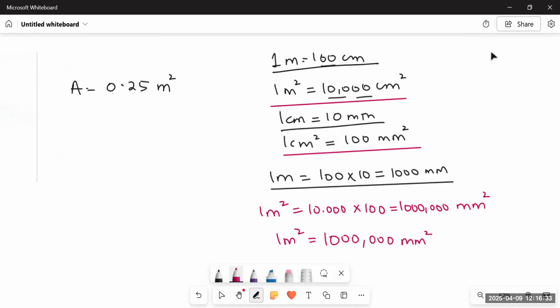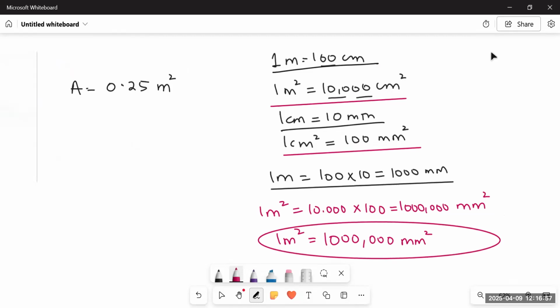These are the conversion rates that, if you practice how to convert them, would help you in all your questions. But if you cannot learn how to convert them, then you have to memorize the formulas: 1 meter is equal to 100 centimeters, 1 centimeter is equal to 10 millimeters, 1 meter is equal to 1000 millimeters, right?